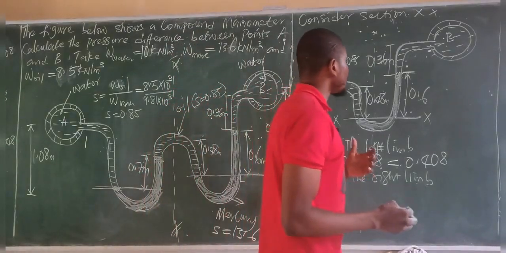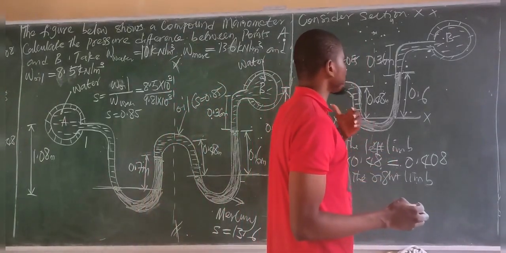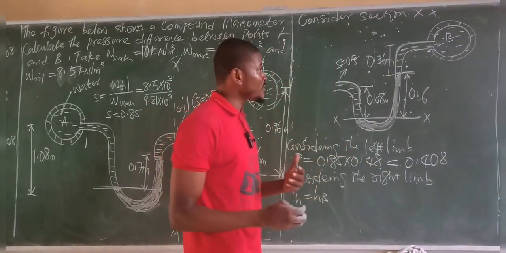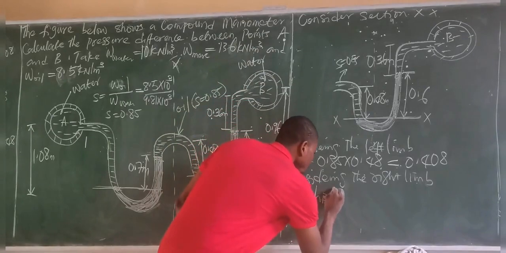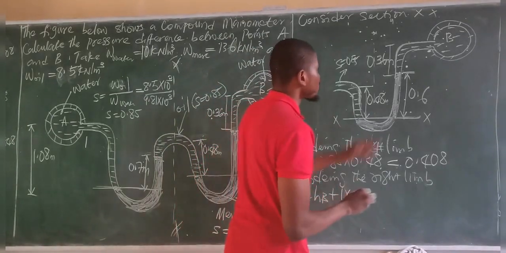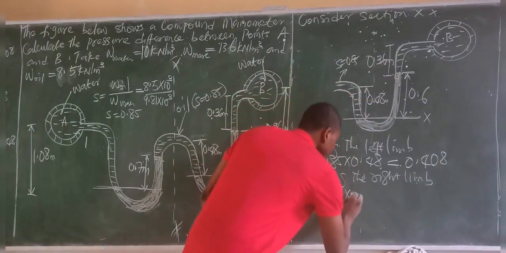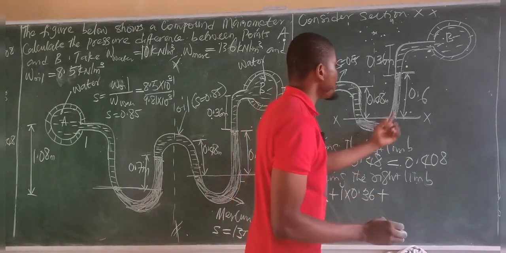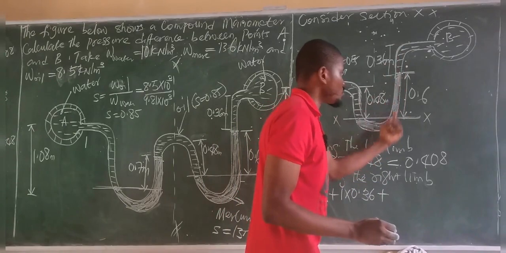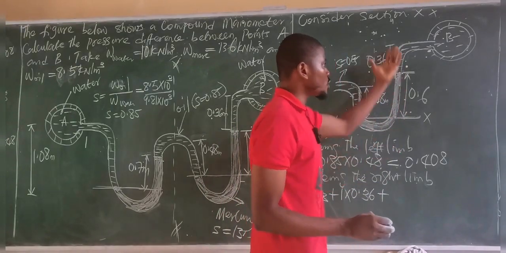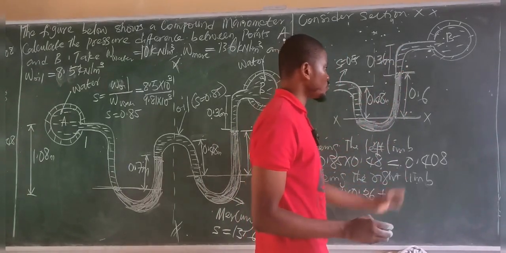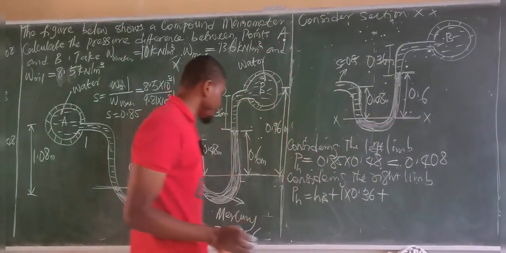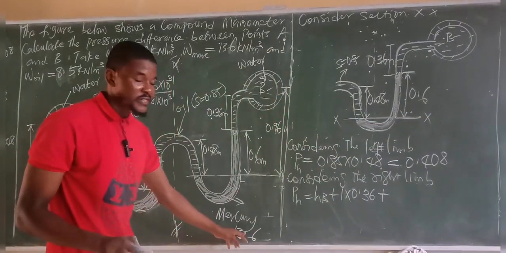All right, so the pressure head of water becomes the specific gravity of water multiplied by the height of water. And specific gravity of water is 1. So you have plus 1 times the height of water in the pipe, which is 0.36. So 1 times 0.36 plus. Also we have mercury on this tube. So total fluid head on the tube, that's what you're considering. The height of mercury is 0.6 and the specific gravity of mercury was given as 13.6.